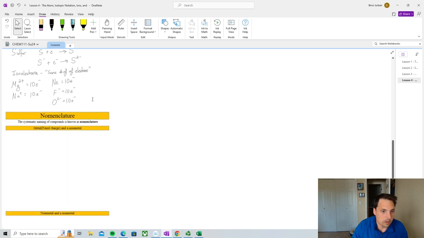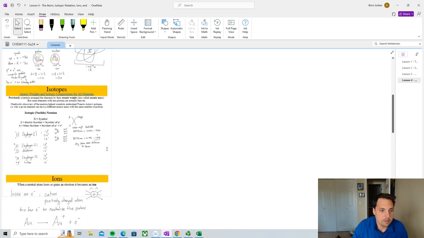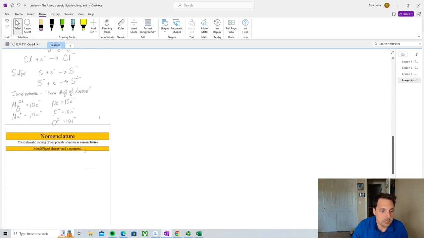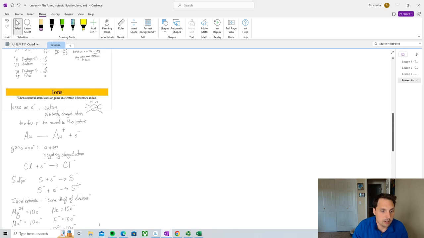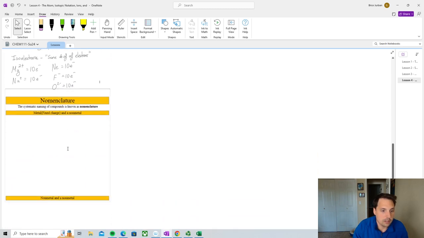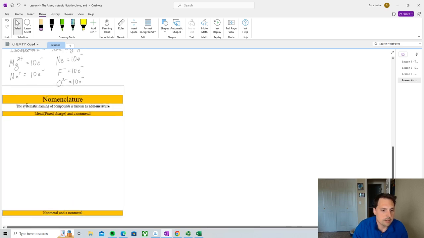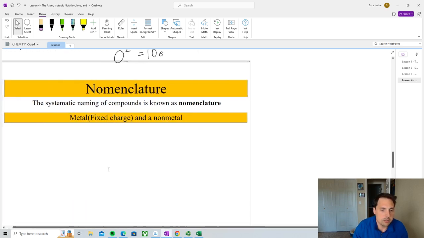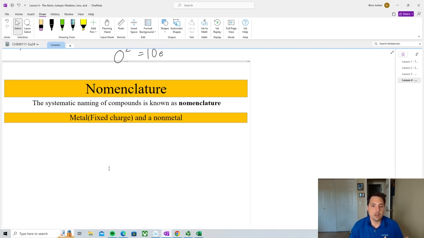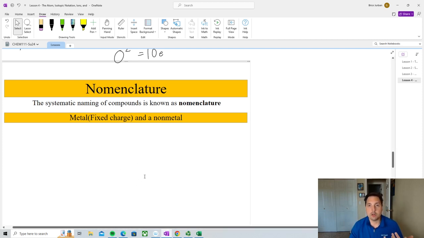We've learned about isotopic notation, the atom, and the last topic I'm going to cover in this lesson is on naming compounds, like simple compounds. And if we're trying to name compounds, we want to do it systematically in chemistry so that we don't confuse our audience, right? So we want to make sure that we're using the same language.